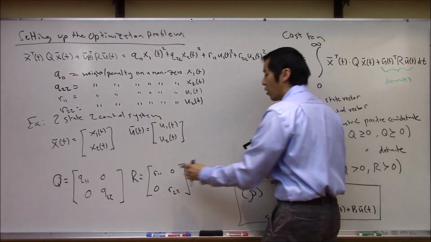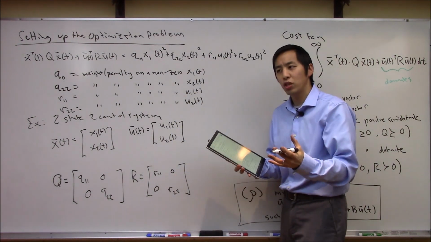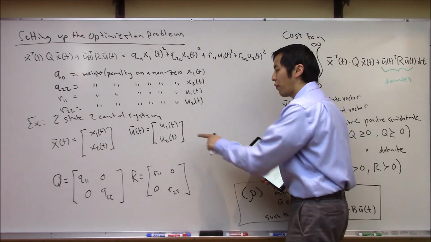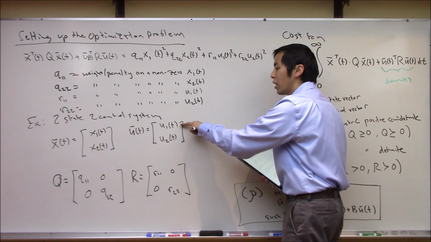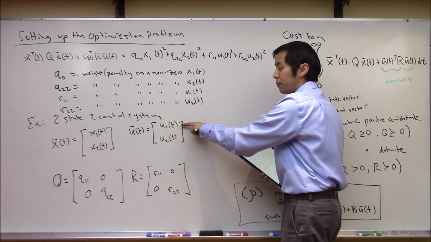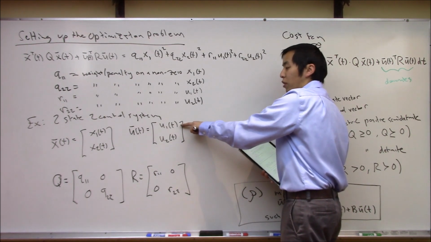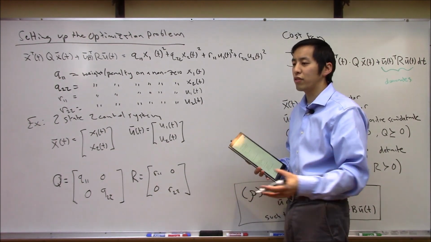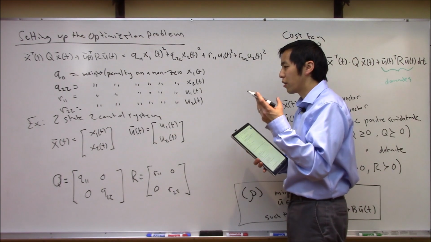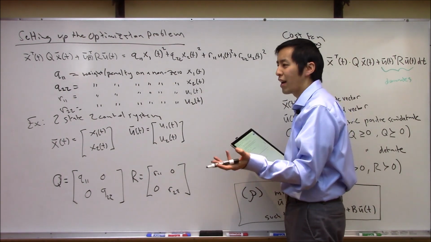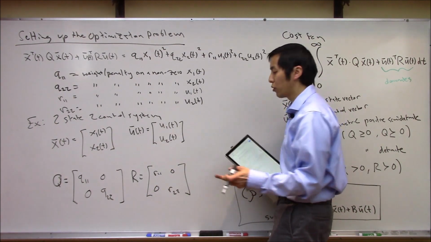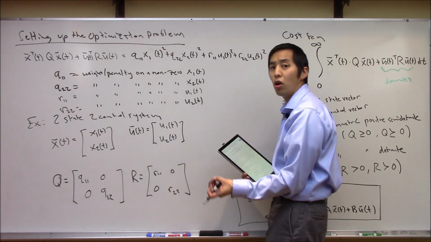So R11 is telling you pretty much exactly how expensive it is to fire or utilize control number 1. This was maybe your electric thruster. Maybe it doesn't cost you anything at all, because that's the whole deal with electric thrusters: they are cheap, long-lasting, and reliable. So if you want to model that fact in your control design, you can pick a small R11.